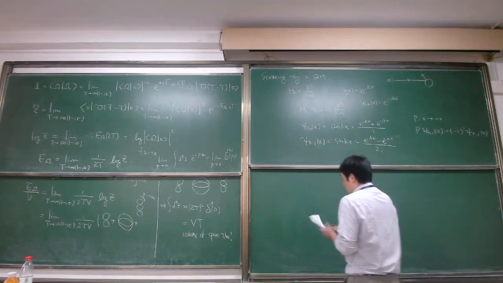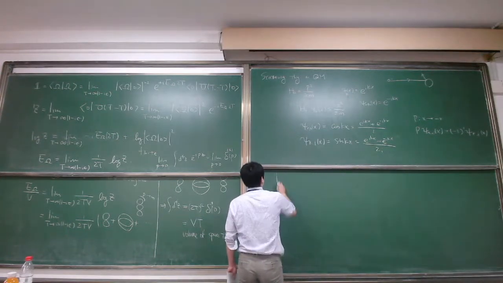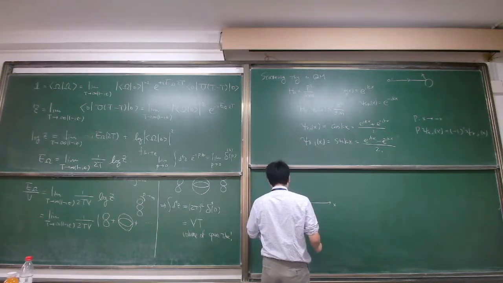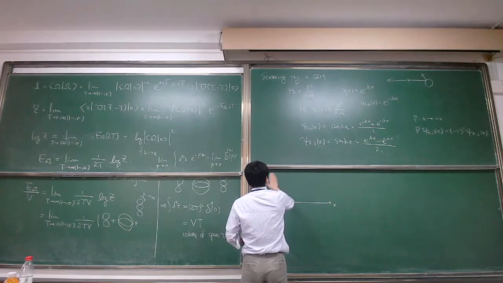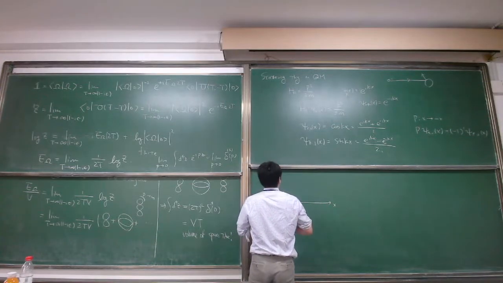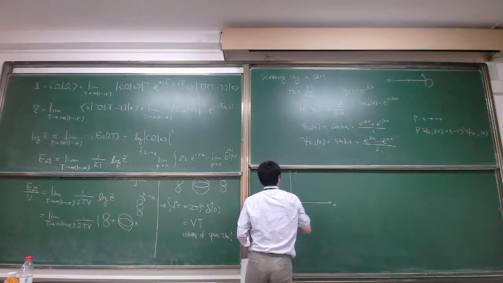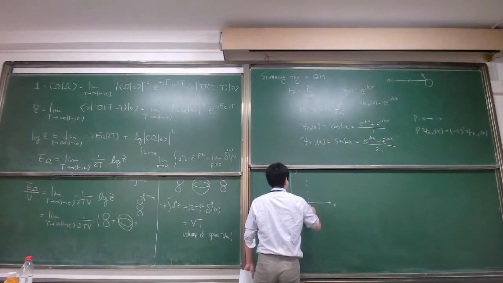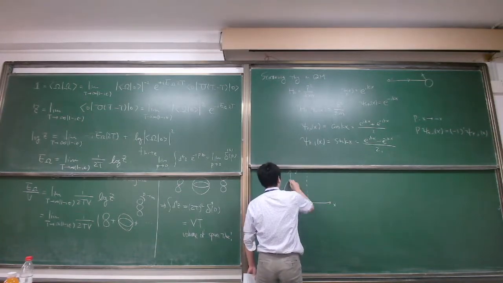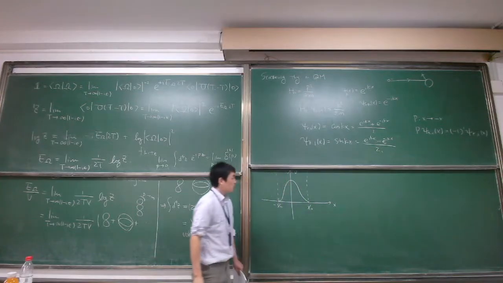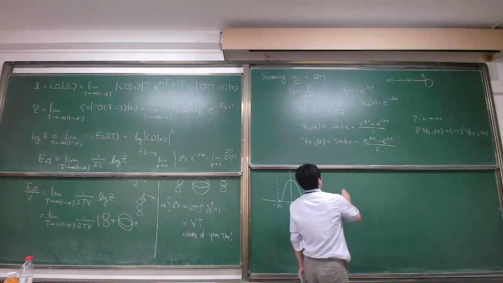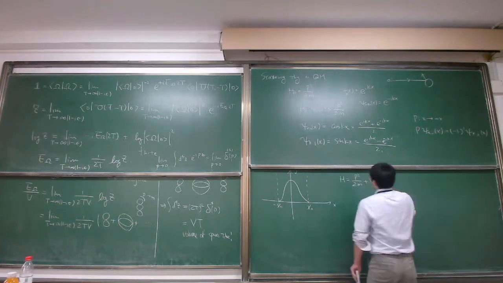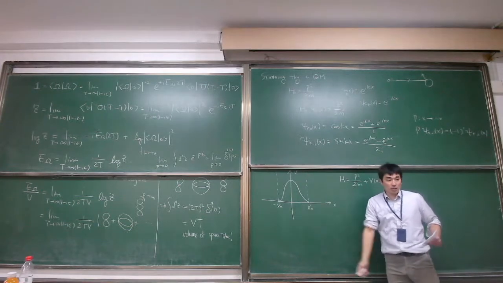Now let's add the potential V, which takes the following form, from minus x naught to x naught, and the potential looks something like this. So let's consider the Hamiltonian p squared over 2m plus V of x, and V of x is written here.